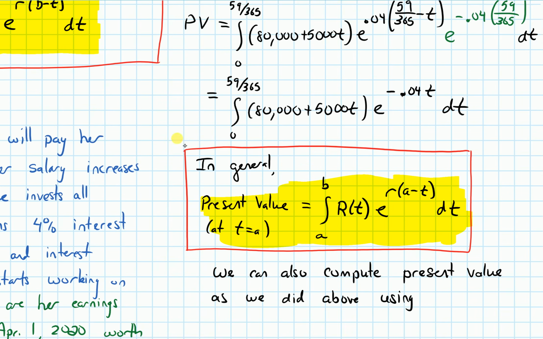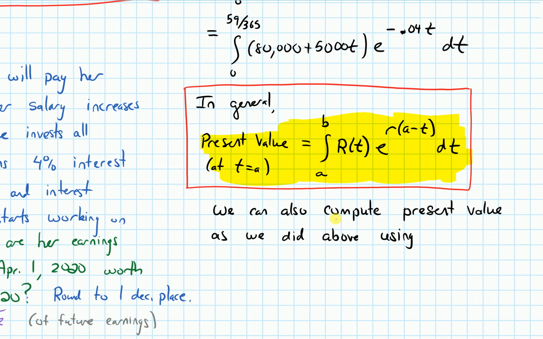As a reminder, we can also compute the present value as we did above if we knew the future value, using the fact that present value times e to the r times (b minus a) equals the future value. That exponential part factors in the interest rate as well as the time period the present value would have needed to be deposited for.